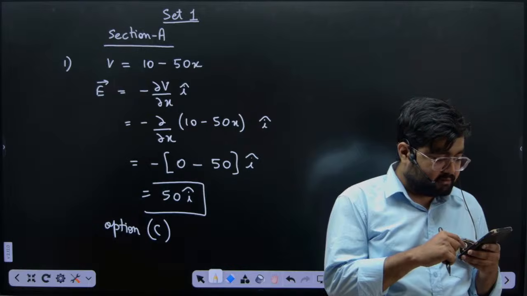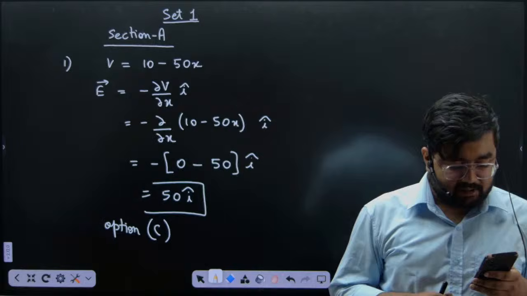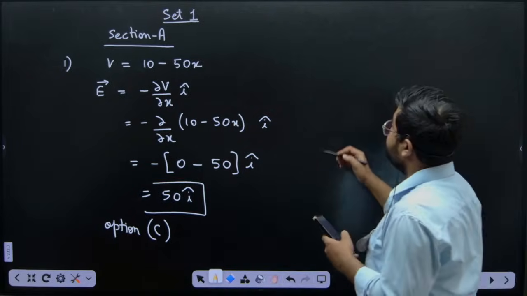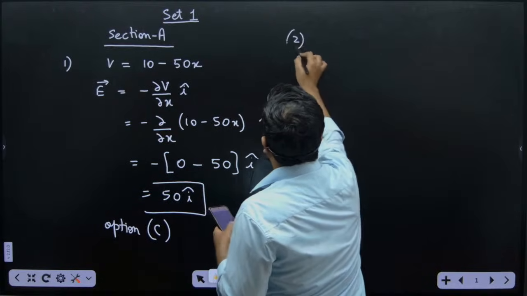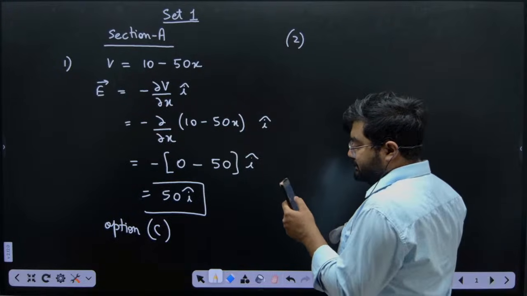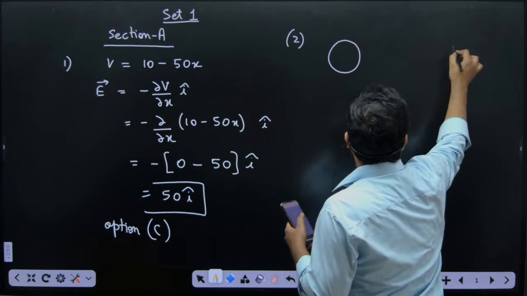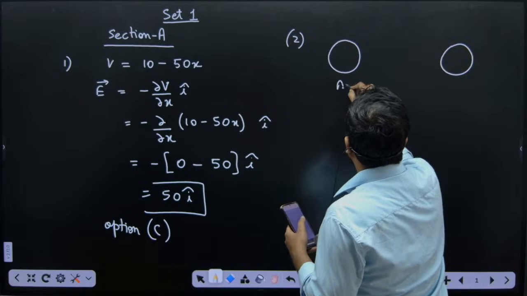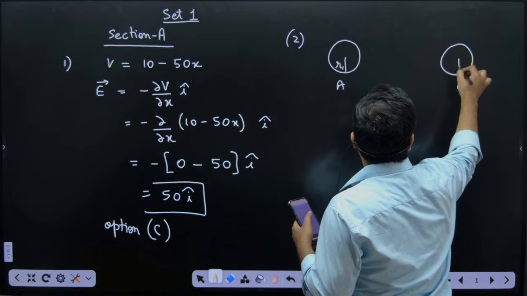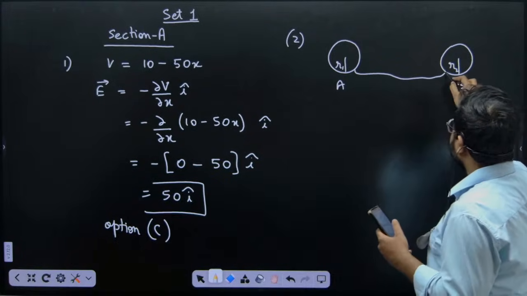They ask for the ratio of electric fields at the surfaces of spheres A and B. So we have two charged spheres A and B of radii R1 and R2, and a metallic wire is connecting both the spheres.